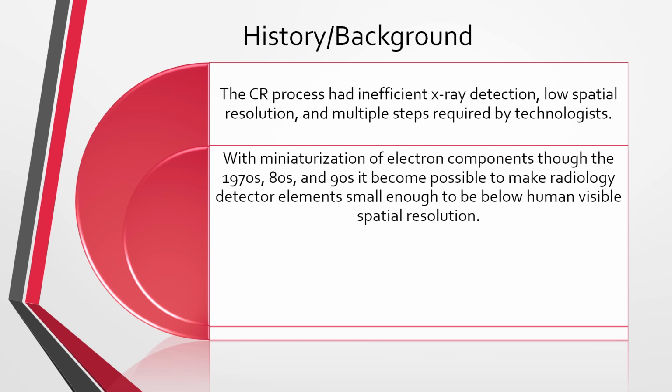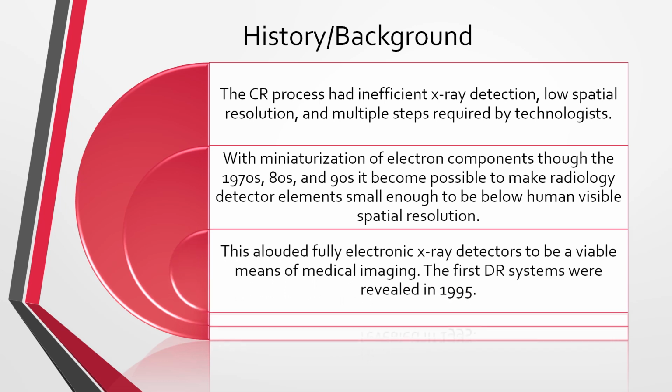So the technology had to come along such that each element of the digital detector is smaller than what our eyes can distinguish, is what that means. This allowed fully electronic X-ray detectors to be a viable means of medical imaging. The first DR systems were revealed in 1995.